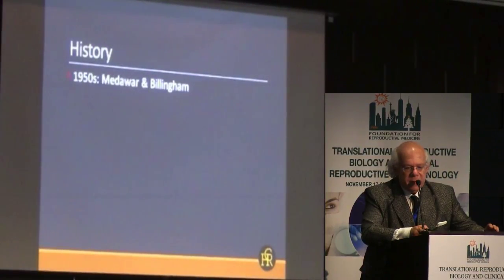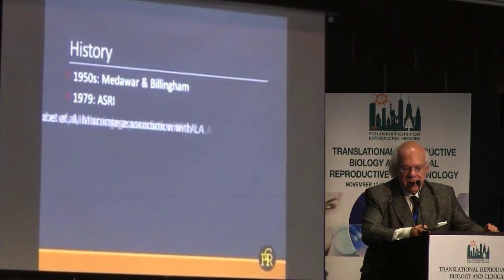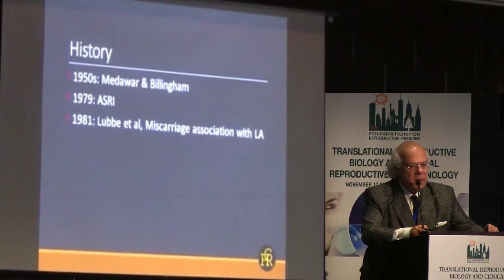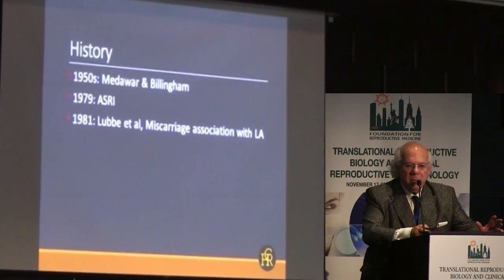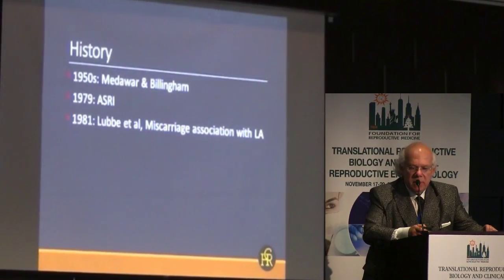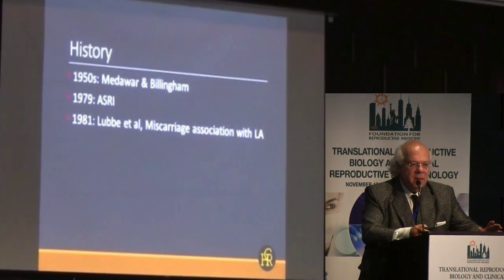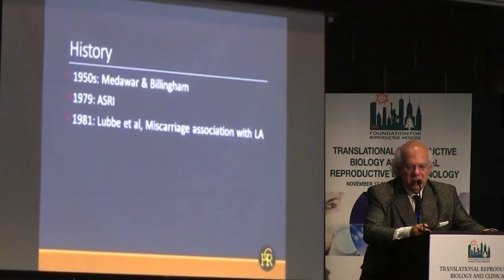I mentioned the history already that started with Medawar and Billingham, foundation of the American Society for Reproductive Immunology, lupus discovery on the ward that autoimmunity and specifically the presence of the so-called lupus anticoagulant and antiphospholipid antibody is associated with miscarriages, aside of being associated with thrombotic risk.